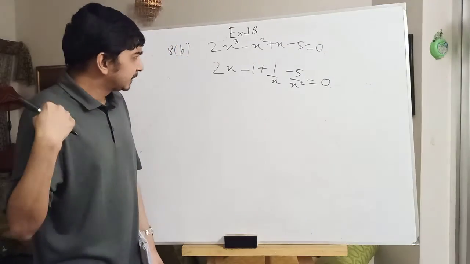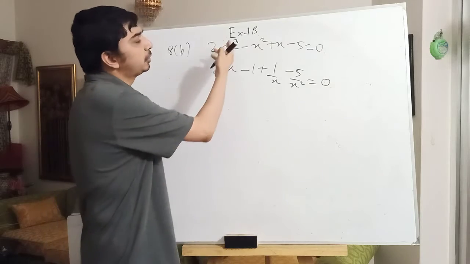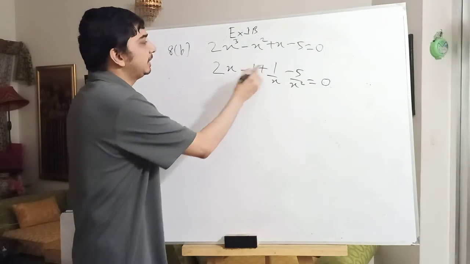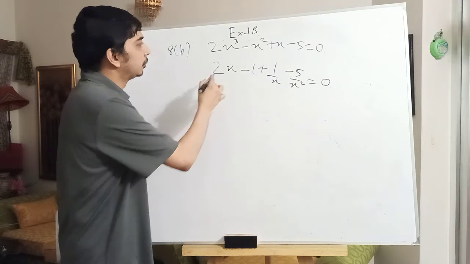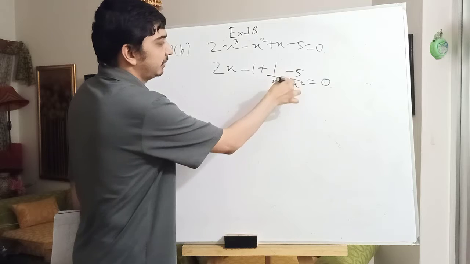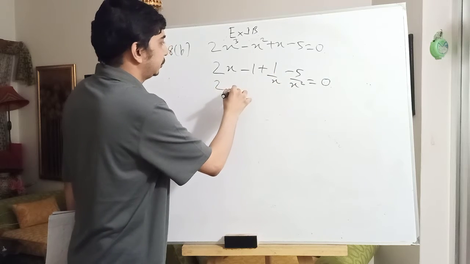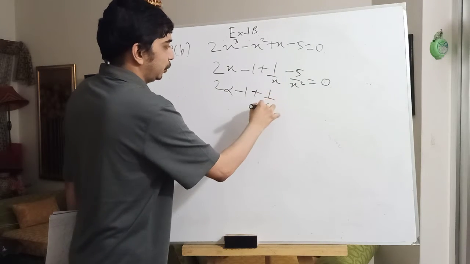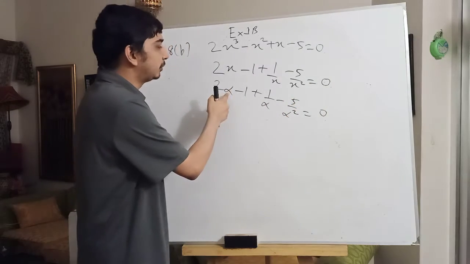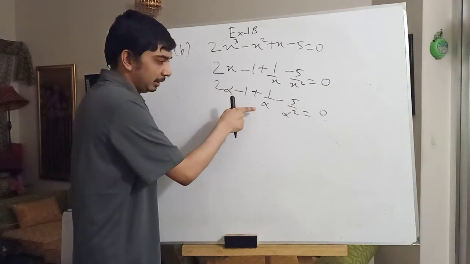Now the roots are alpha, beta and gamma. If I insert them, 2 alpha minus 1 plus 1 by alpha minus 5 by alpha square is equal to 0. Similarly you will put beta and also gamma.